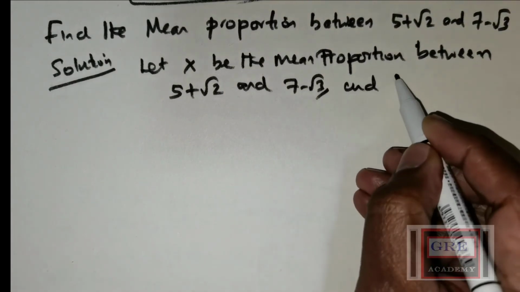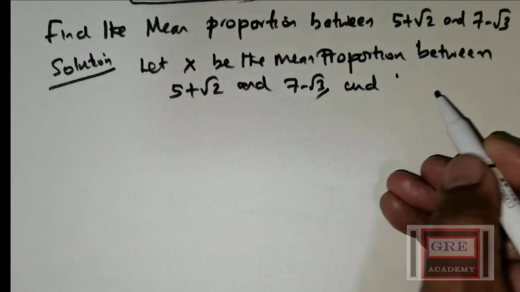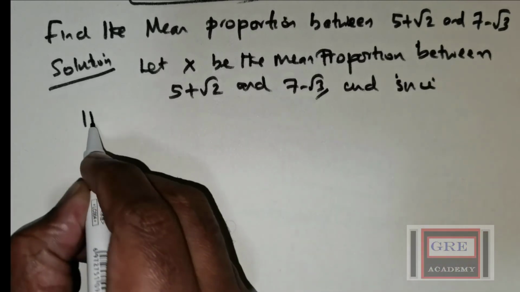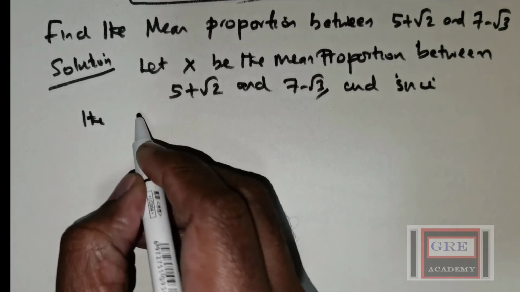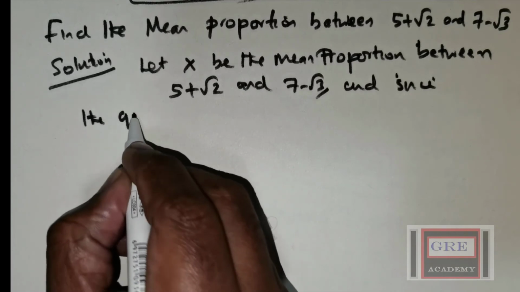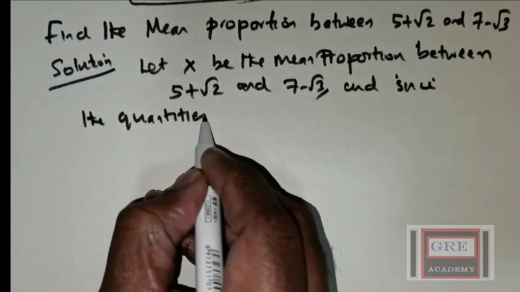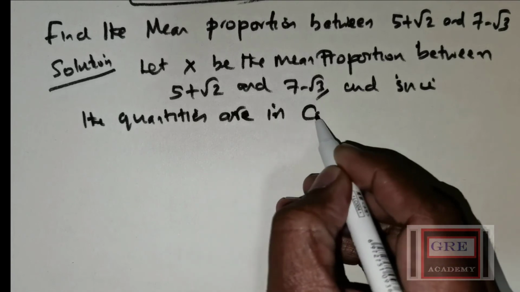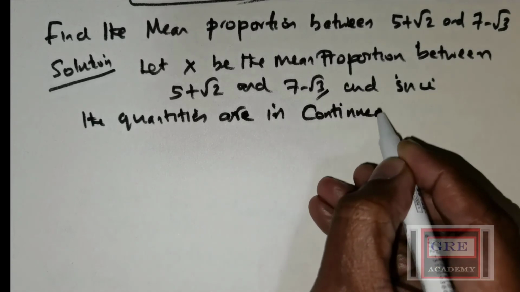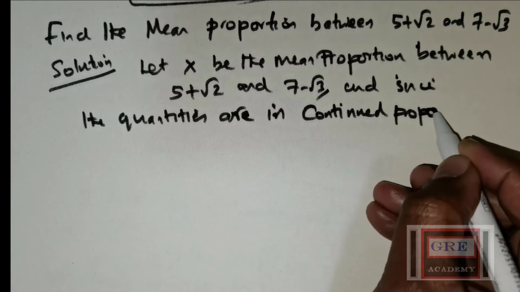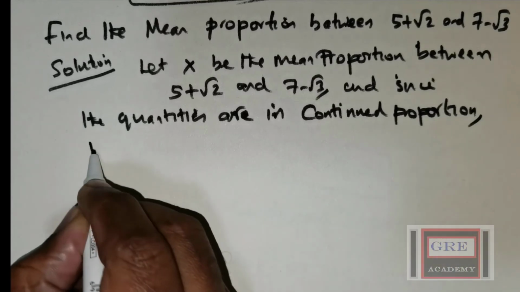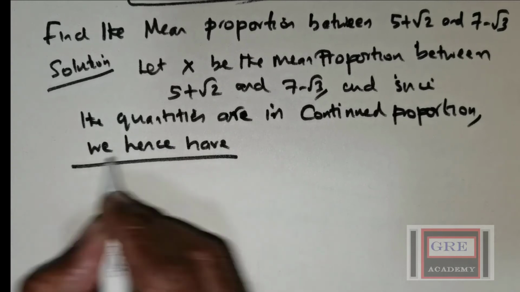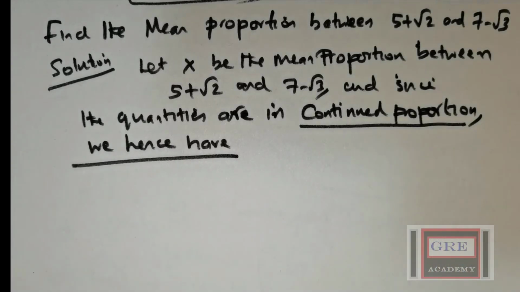And let us also make a statement: since the quantities are in continued proportion, we hence have, and this is a very important aspect, okay?